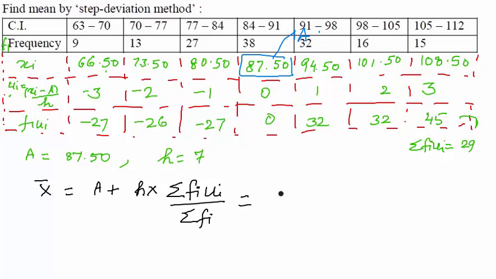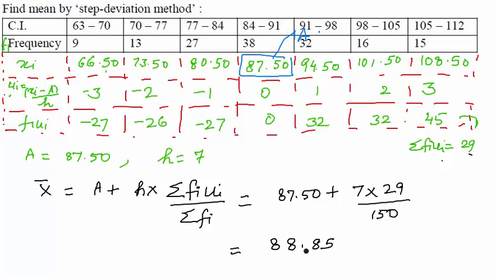Putting in the values, 87.50 plus 7 into 29 upon the sum of all the fi's, which we have calculated to be 150. On simplification, it gives us 88.85 as the mean by this method.